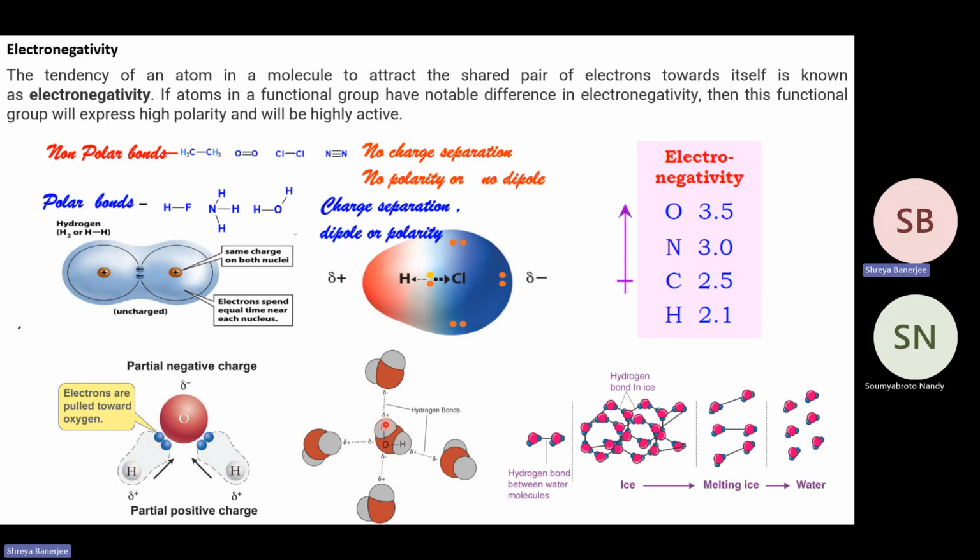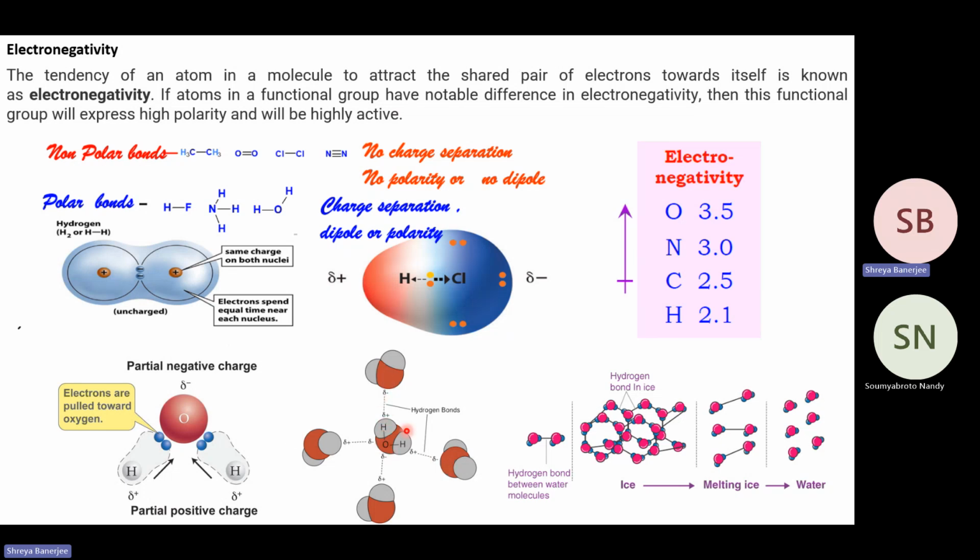Because of this charge separation, different water molecules can associate through hydrogen bonds, where the delta plus on the hydrogen forms a polar bond with the delta minus on oxygen, and these are called hydrogen bonds.